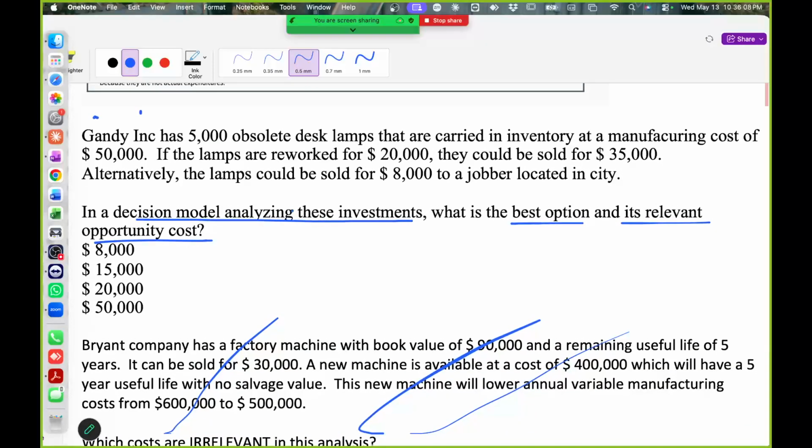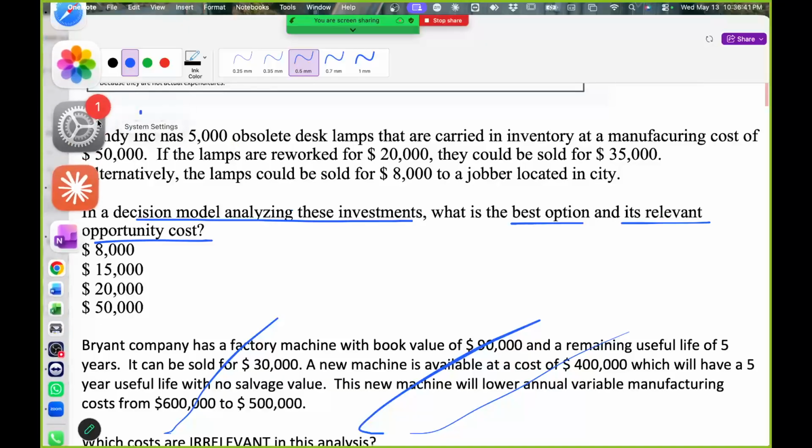Gantry Inc. has 5,000 obsolete test lamps that are carried in inventory at a manufacturing cost of $50,000. If the lamps are reworked for $20,000, they could be sold for $35,000. Alternatively, the lamps could be sold for $8,000 to a jobber located in the city. In a decision model analyzing these investments, what is the best option and its relevant opportunity cost?